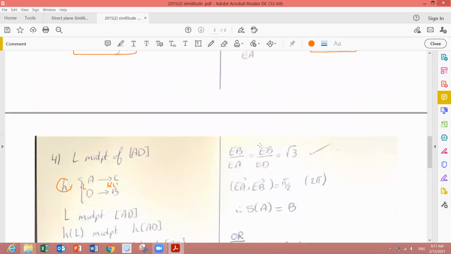Okay, using Thales' property once again, EB over EA.